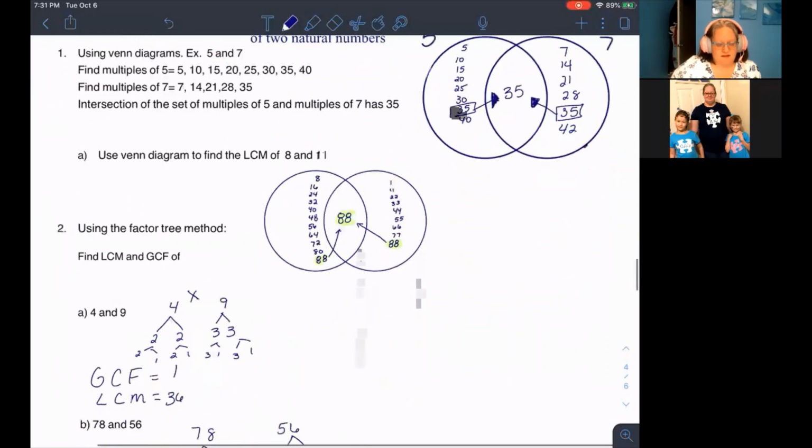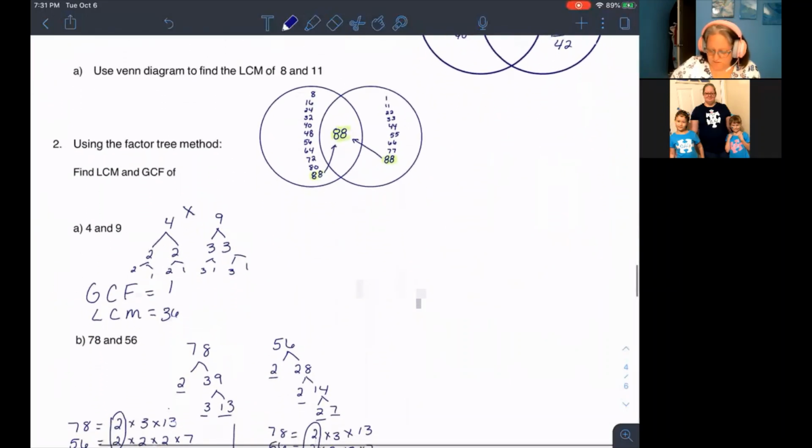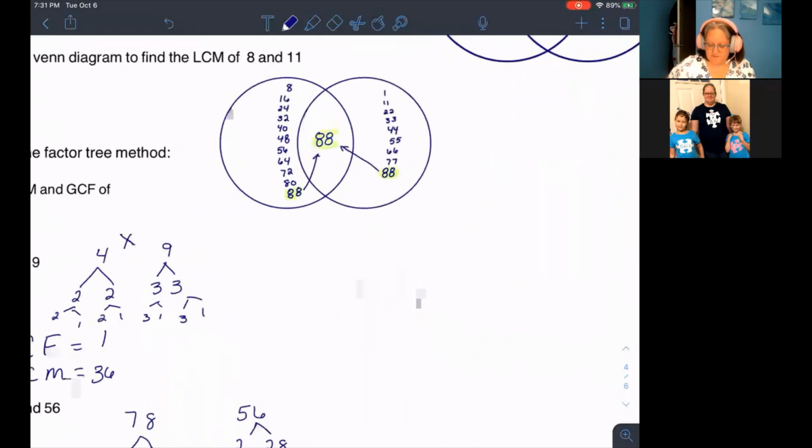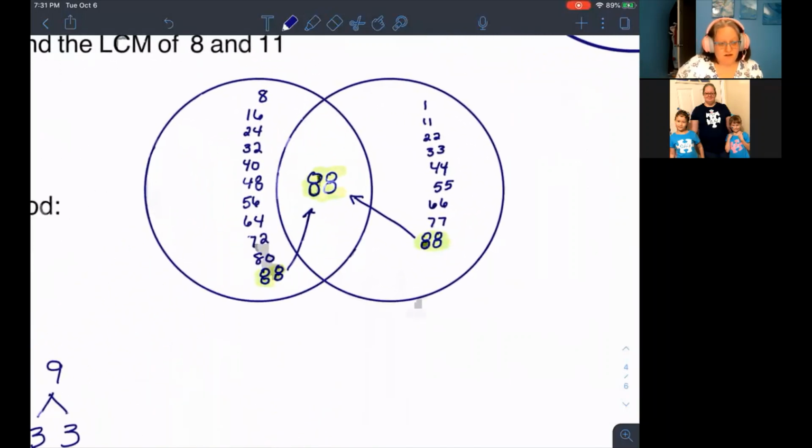A says, use a Venn diagram to find the least common multiple of 8 and 11. So I listed all the multiples. It's not the factors that make up the numbers, it's what that number times another number gives you, the multiple. Like 8 times 1, 8 times 2, 8 times 3. So we have 8 and 11. 8 times 1 is 8, 8 times 2 is 16, and 24, 32, 40, 48, 56, 64, 72, 80, and 88.